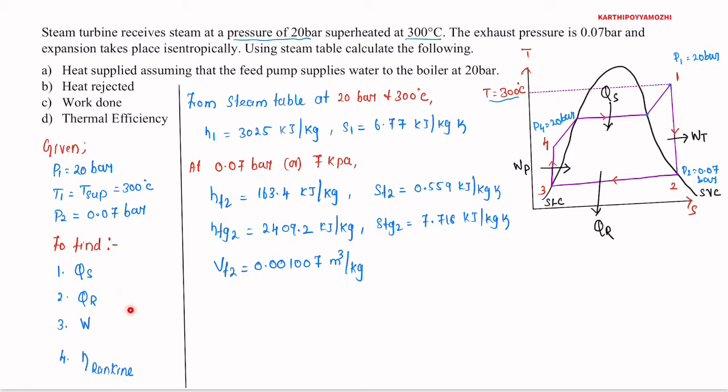The properties are noted from the steam table at pressure 20 bar and 300 degrees Celsius, and at 0.07 bar, which is 7 kilopascal. I have found the values of enthalpy and entropy from the steam table. With this, we have to find the heat supplied, heat rejected, work done, and the efficiency of the Rankine cycle.